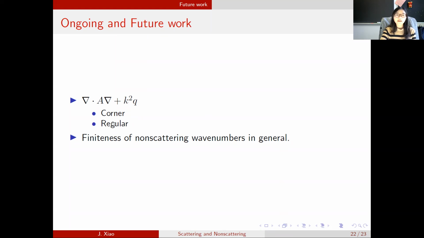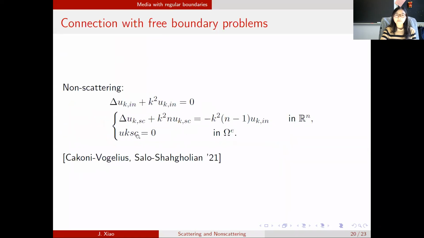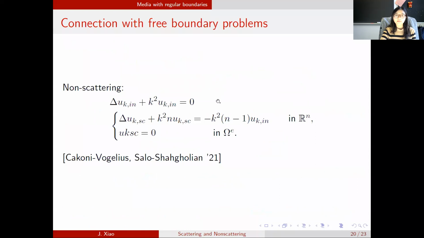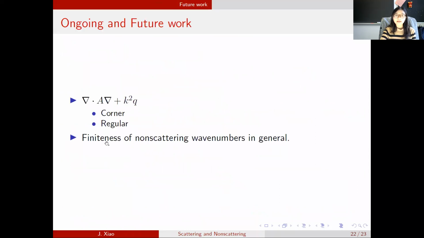Also, even for regular things, as Fioraba also mentioned two weeks ago, this is a bit different from free boundary problems, because instead of having both Dirichlet and Neumann data 0 on the boundary, we don't have this property anymore, because we have from U, which is A, d_nu A U minus d_nu B equal to 0. So we don't get this boundary condition anymore. As far as I know, this is also underdeveloped in free boundary problems.